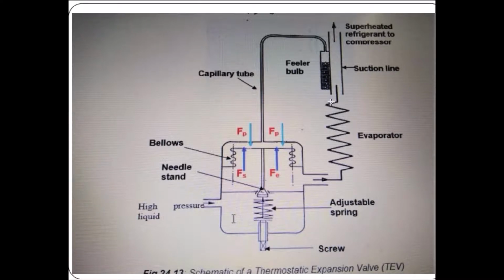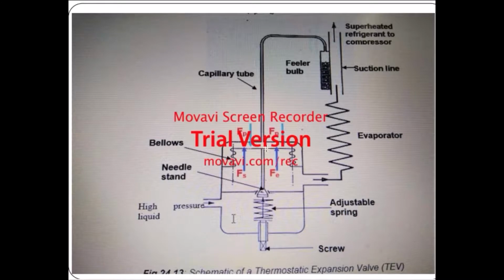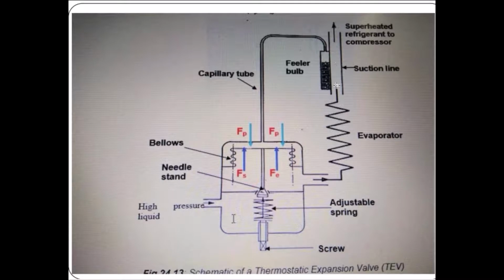So what happens? The temperature here will control this resistance. So if we show a higher temperature, it will affect this diaphragm.